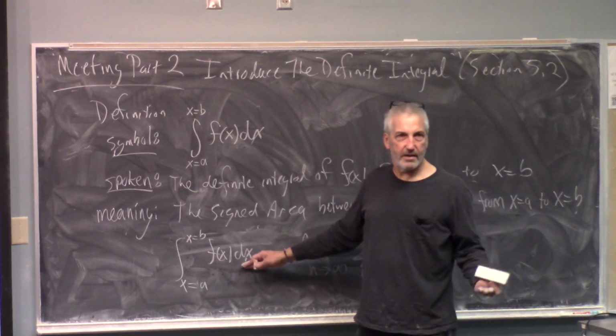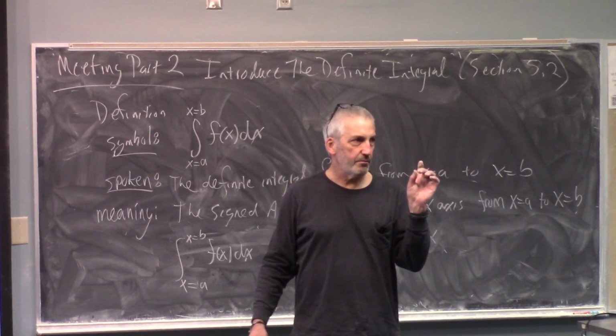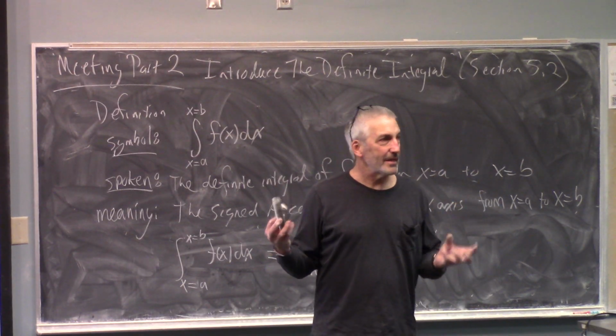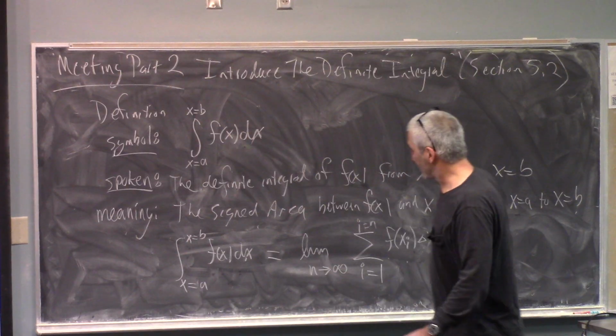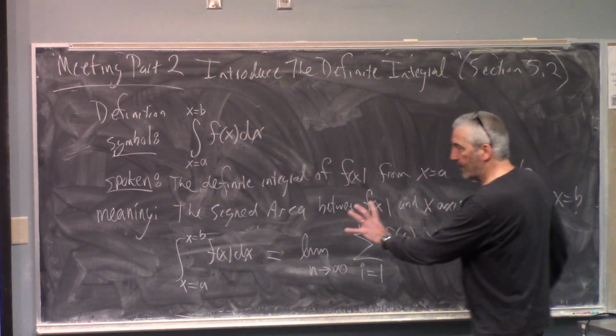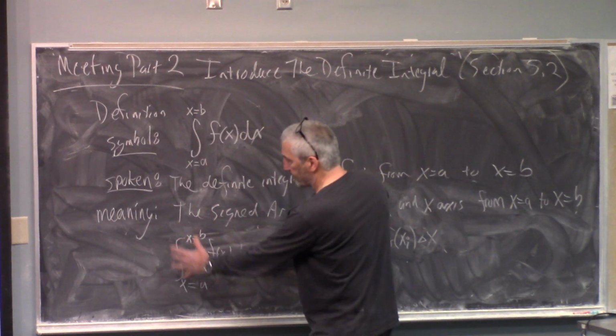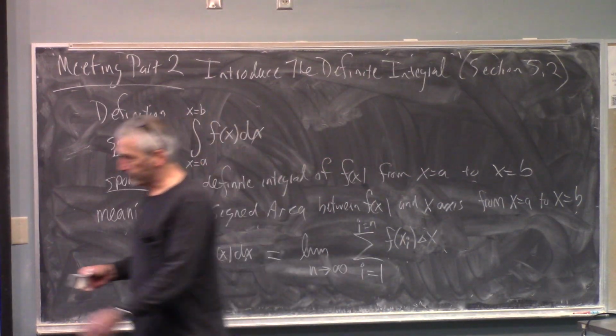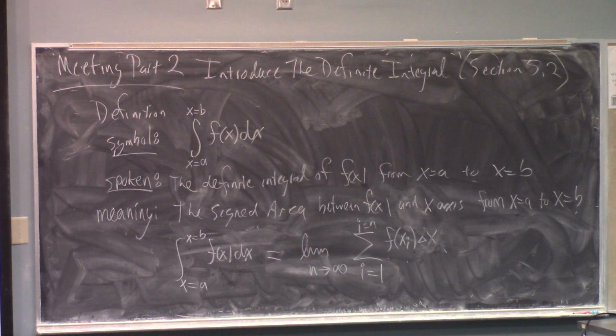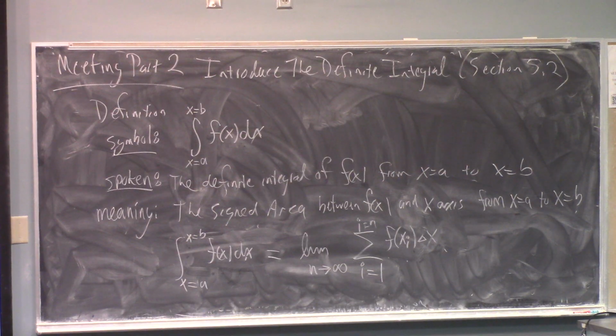It doesn't help to say that the rectangle width is infinitely small. It's not. You're taking a limit of something that's finite, and this symbol is to remind you that this is the result of taking a limit. All right, so there's the definition of the definite integral.